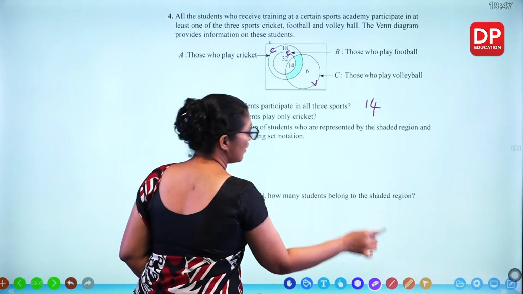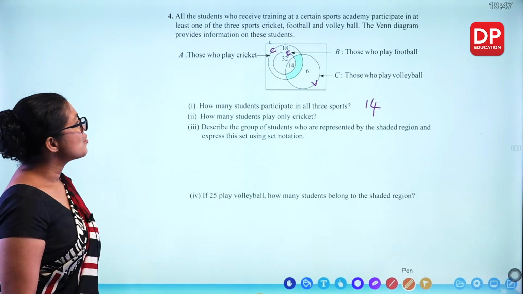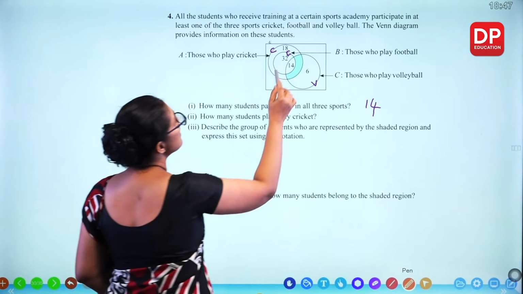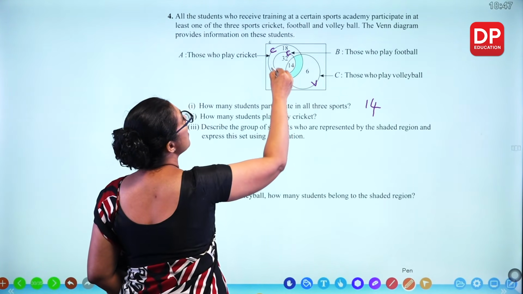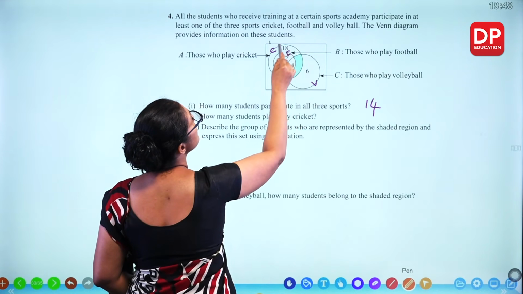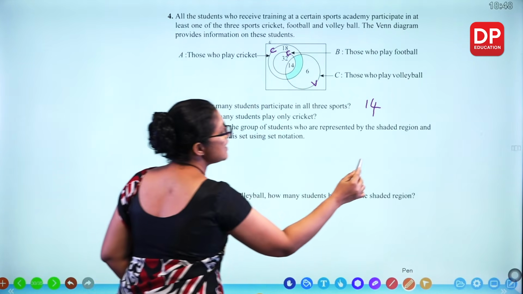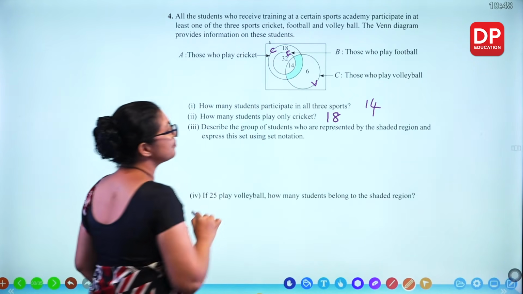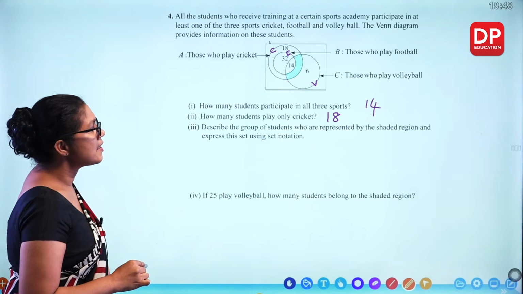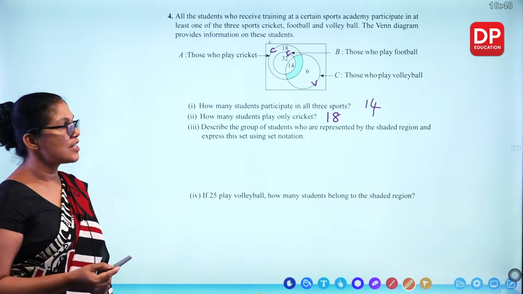Then the next one, how many students play only cricket. Only cricket is, if you take this part, only cricket is this one. So you can get this part, 18. Third part, describe the group of students who are represented by the shaded region and express this set using set notation.